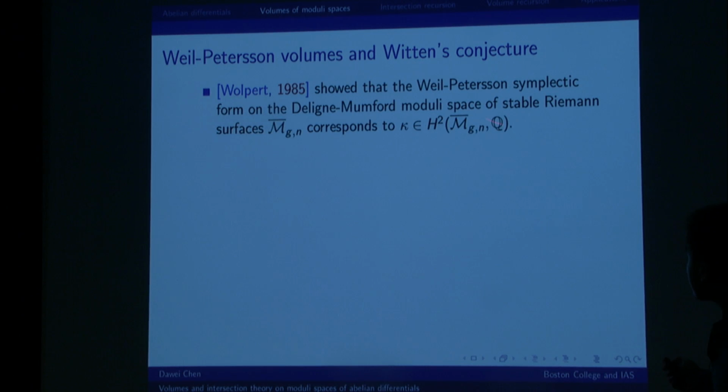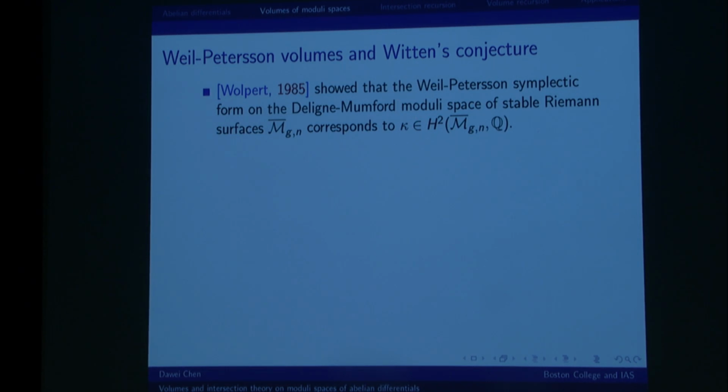So Wolpert shows that, from the Teichmuller space, there is a very natural standard symplectic form which descends to the moduli space of Riemann surfaces with n markings and extends to a certain compactification using nodal Riemann surfaces called the Deligne-Mumford compactification. And the key point that Wolpert shows is that this symplectic form extends and corresponds, up to some power of pi, to a rational cohomology class, the Mumford-Chern class kappa.